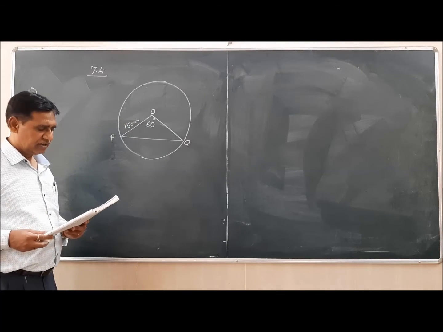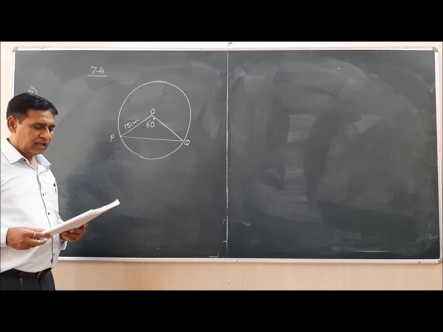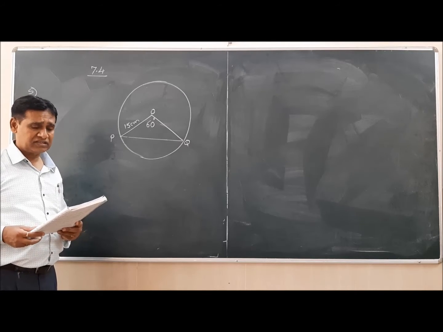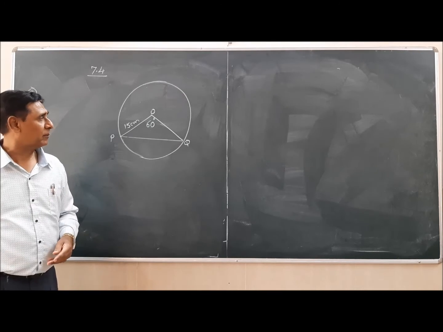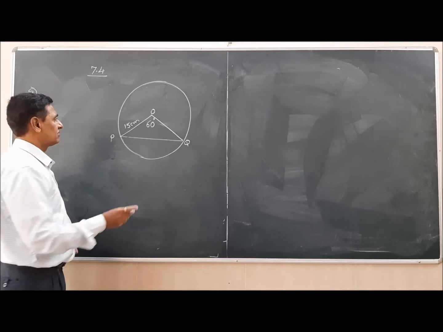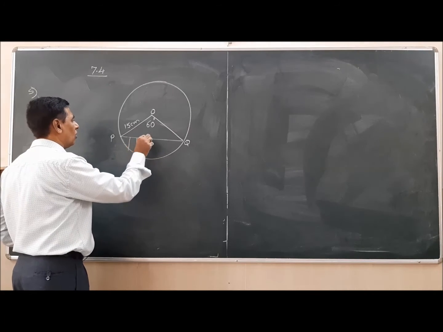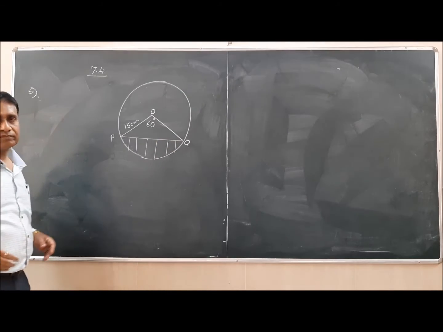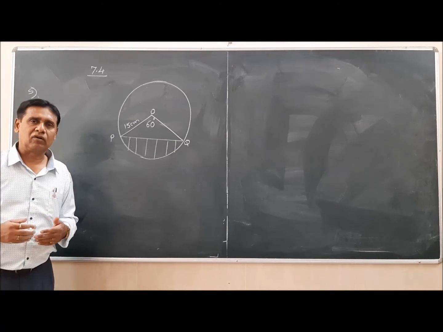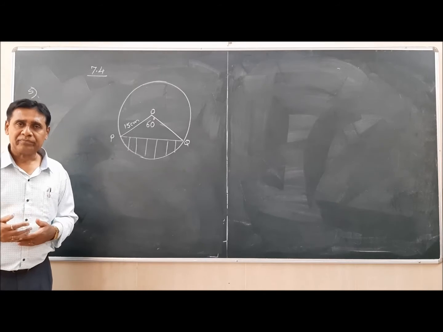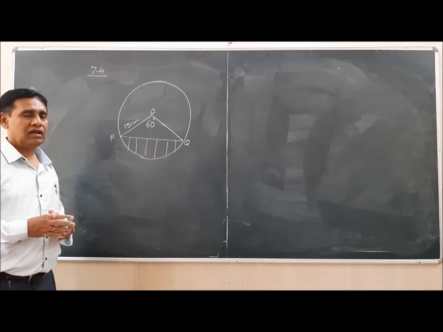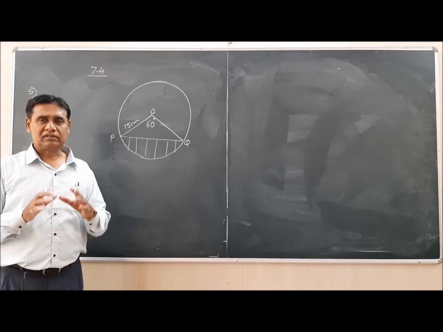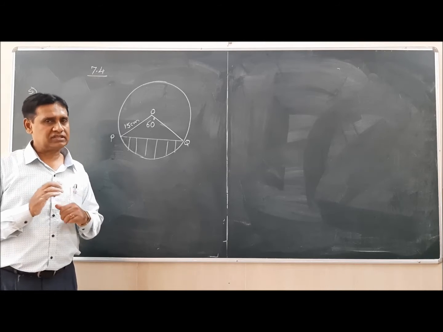Next, you will find the area of minor as well as major segments. The question asked is to find the area of the major as well as minor segments. Now please try to understand how we have to go about this sum. First of all, I will calculate the area of the circle.